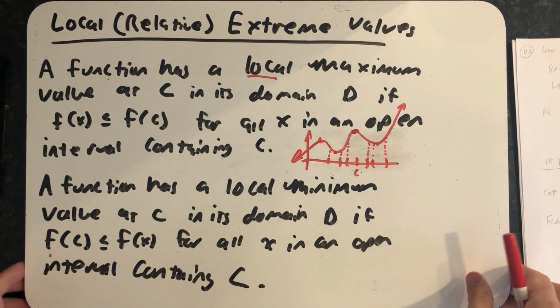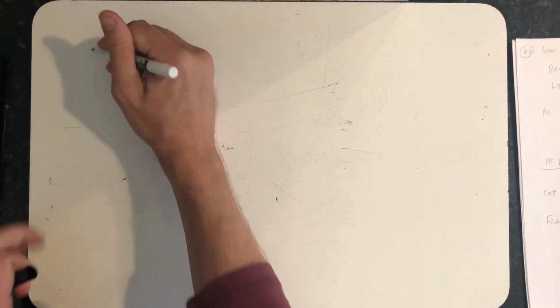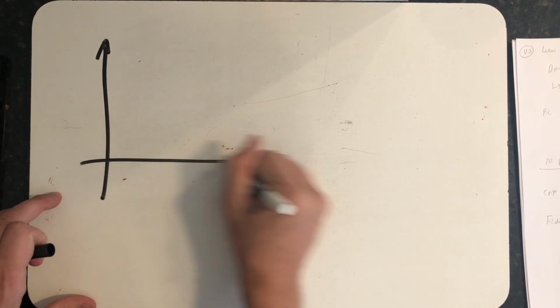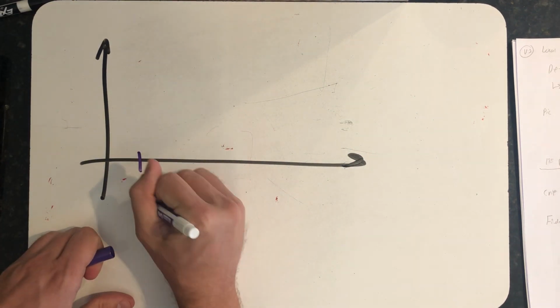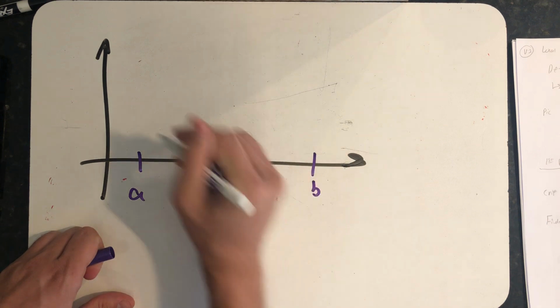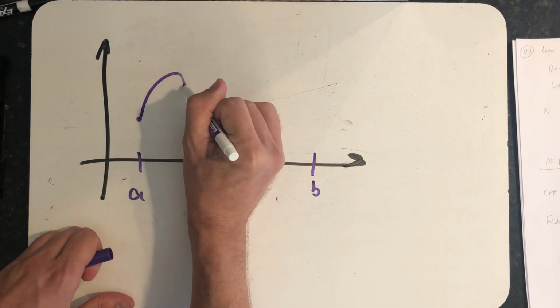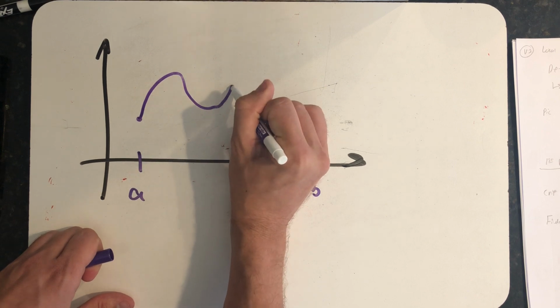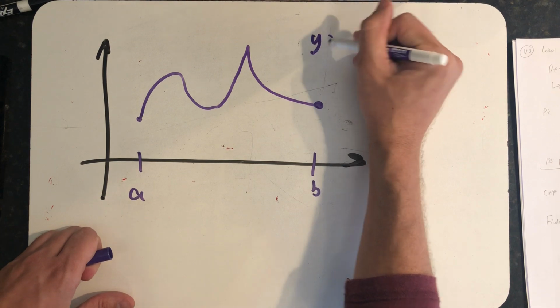Well, let's look at another function and see if we can talk about all of the extreme values. So let's just imagine I have a closed interval a, b, and on that I have a function whose graph looks something like this. I'm going to call this function y equals f of x.